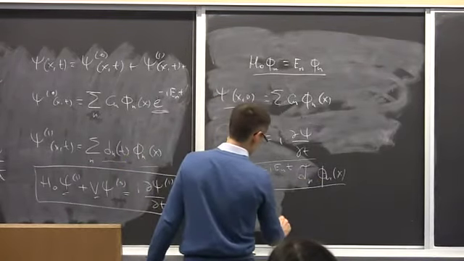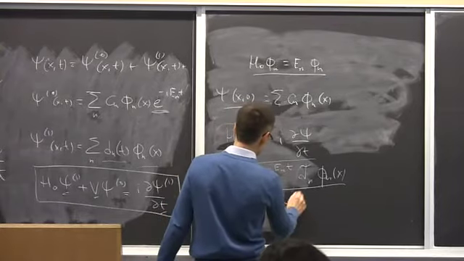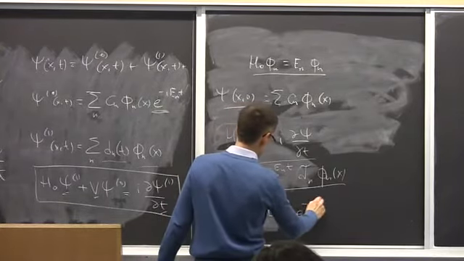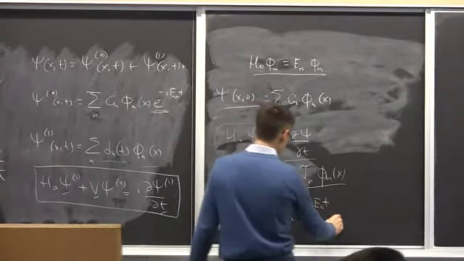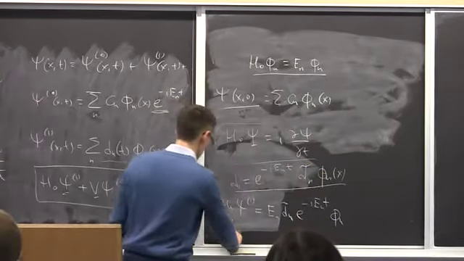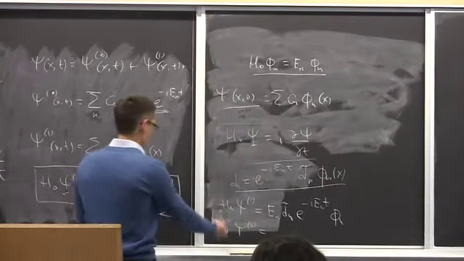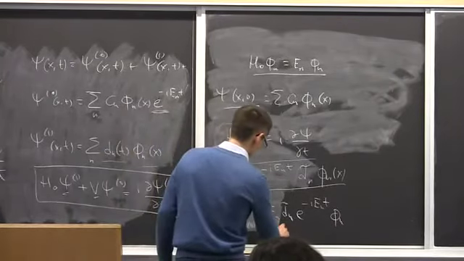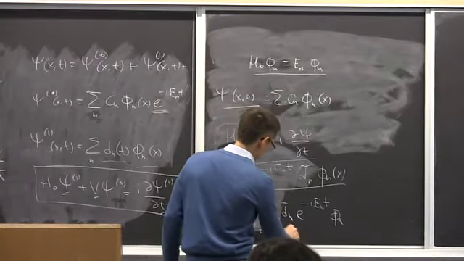So it will get us E_n's in front, then the d_n's, then the exponents, the phi_n's, and then V psi 0. Here, well, we don't know what V is, but it's some kind of operator, both in space and time.